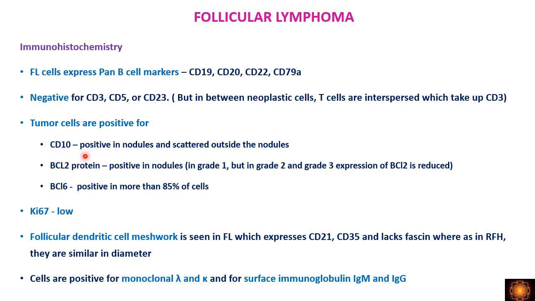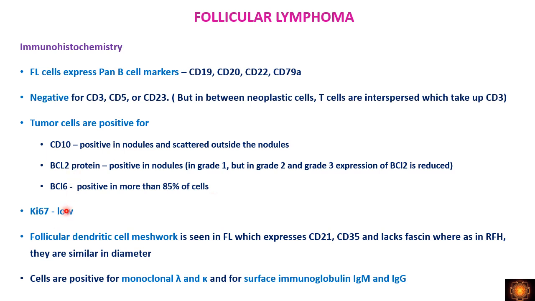So CD10 positive cells will be seen in the nodules and scattered outside the nodules. BCL2 protein is usually positive in the nodules, and this is more in grade 1 tumors, whereas in grade 2 and grade 3 the expression of BCL2 is reduced. And BCL6 positive cells we see in more than 85% of the cells in follicular lymphoma. So the important markers to identify are CD10, BCL2 and BCL6.